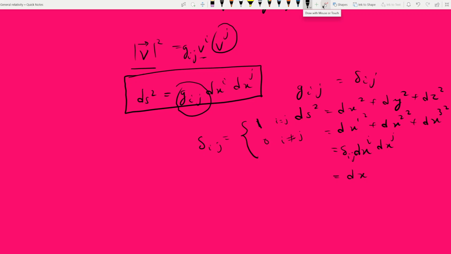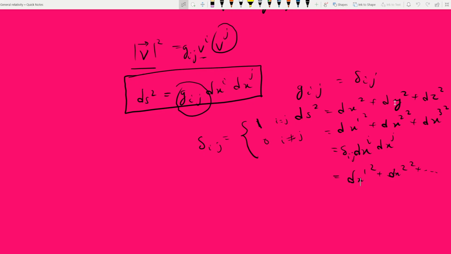Since i and j are in the bottom index and i and j are in the top index, we can write it as a summation over i and j, which would definitely become dx1 squared plus dx2 squared plus so on, as many coordinates as we have in our coordinate system. So that's basically it about the Kronecker delta function and why we have the Kronecker delta in the Cartesian coordinates.